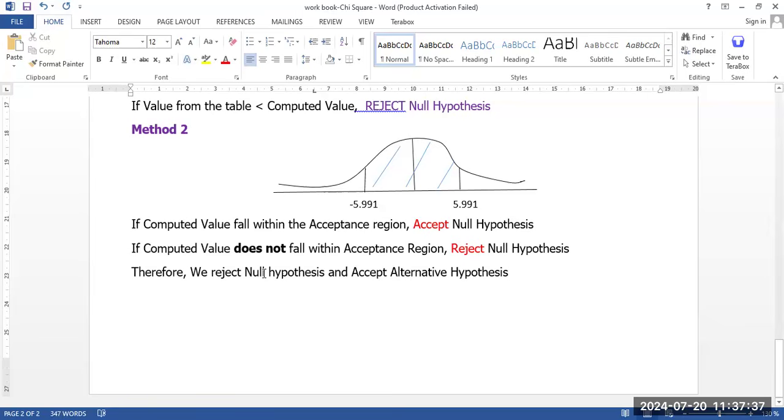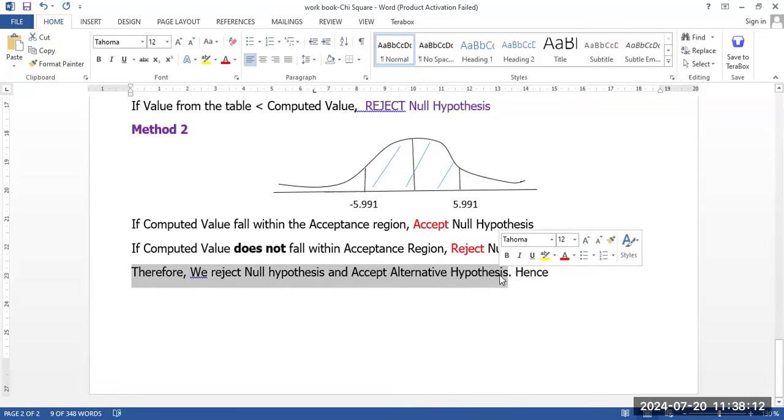Once you state this, bring in the statement talking about the null hypothesis. Conclude with that statement.